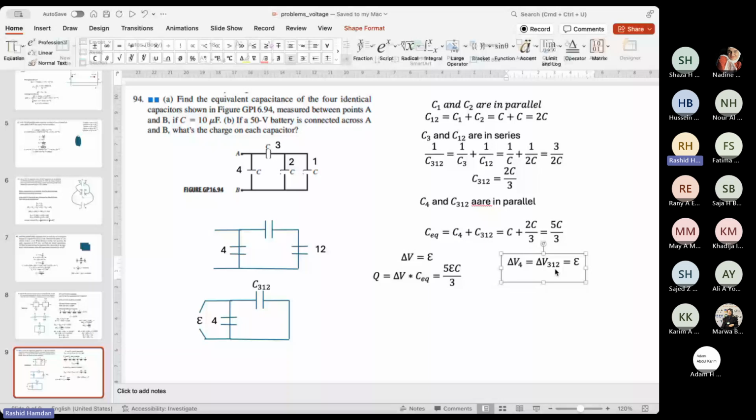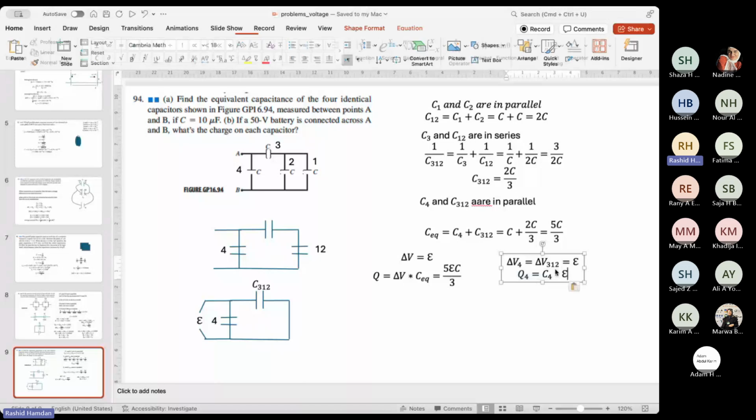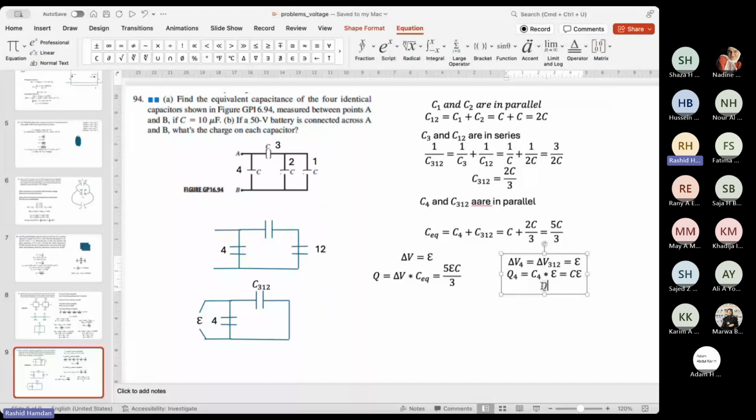So Q4 is equal to C4 times E. So it's equal to CE. That's it. Now I can find the charge on the capacitor 312.